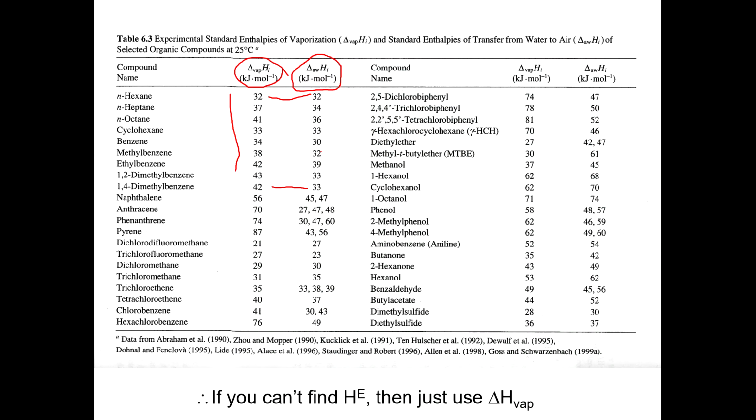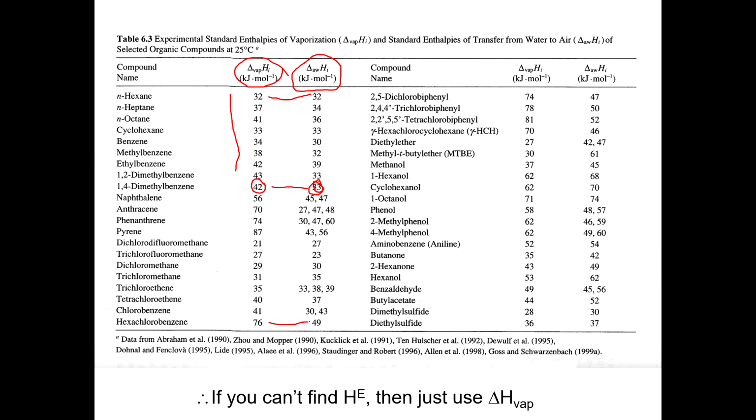So when you do have a difference between the two, you generally see that delta H of vaporization is bigger than delta H for Henry's law. Sorry, I tried. I do the best I can with my mouse. Here. There we go. Okay, so you see that the delta H of vaporization is generally bigger than the delta HAW for these neutral chemicals, and that the difference gets bigger and bigger as you go up in higher molecular weights, right?